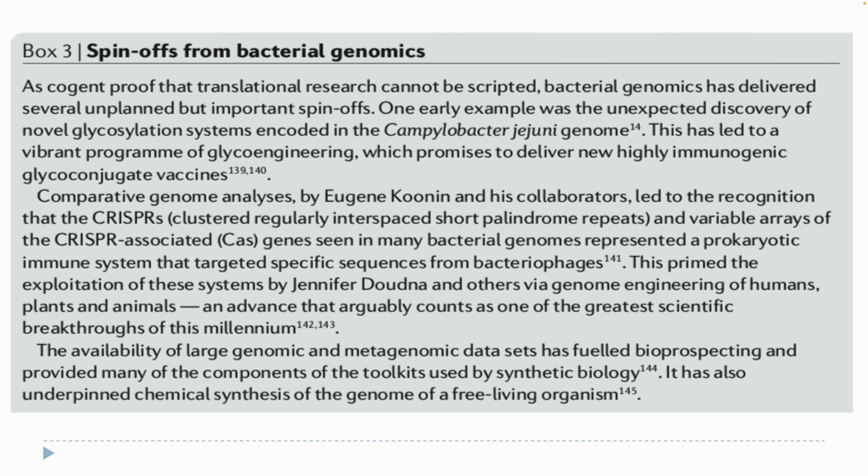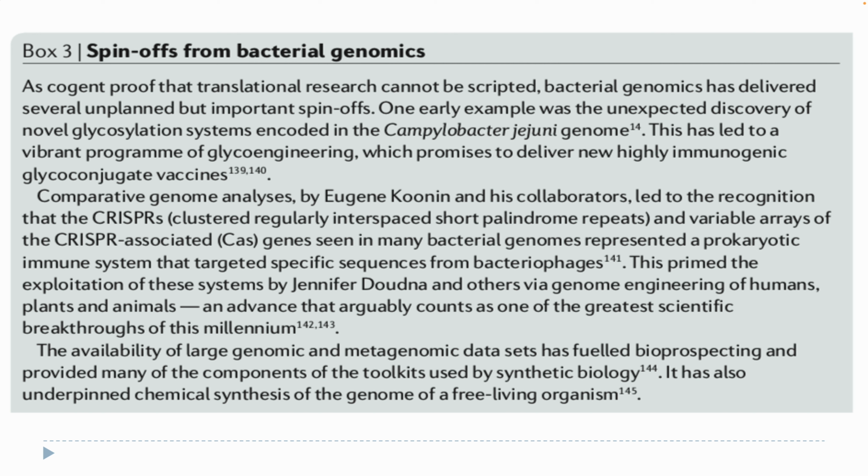Another interesting development was a bioinformatician of some note called Eugene Koonin at the National Center for Biotechnology Information in the US. He looked at loads of genomes and said, oh, there were these funny little repeats and there were some genes associated with them. And he looked at those and found that there were bits of phage genomes mixed in, and he said, oh, this is probably some kind of immune system that targets specific sequences from bacteriophages.